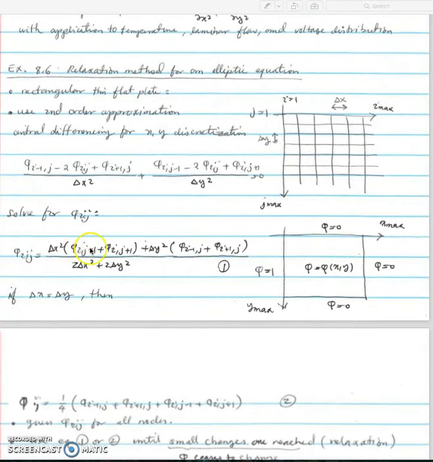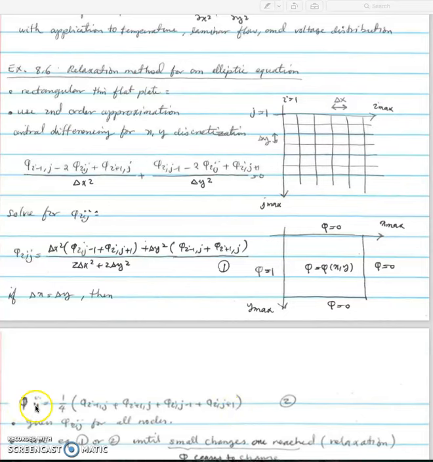We can cancel out del x and del y from the numerator, and del x squared del y squared from the denominator. If you cancel them out and add 2 and 2 in the denominator, you get 1 over 4 times phi i minus 1, j, phi i plus 1, j, phi i, j minus 1, and phi i, j plus 1. This is equal to phi ij.